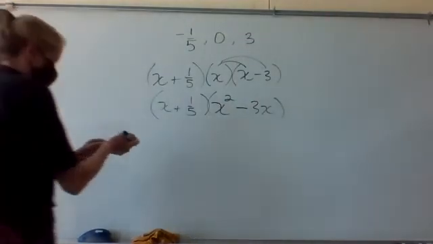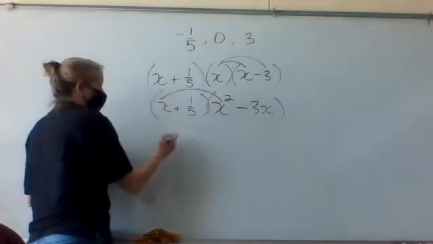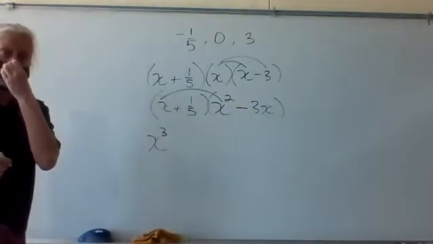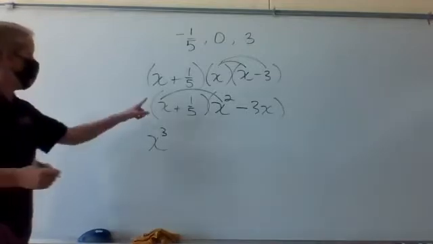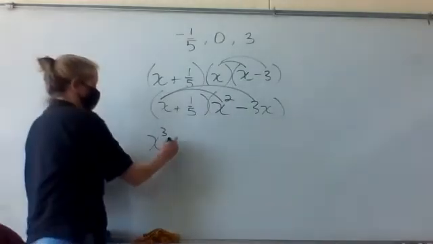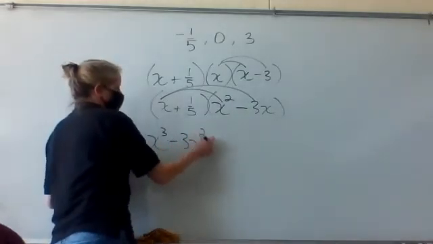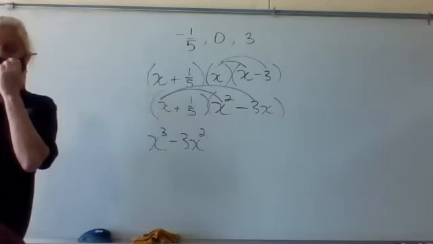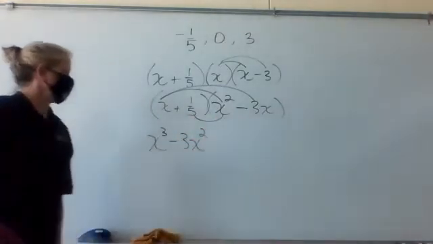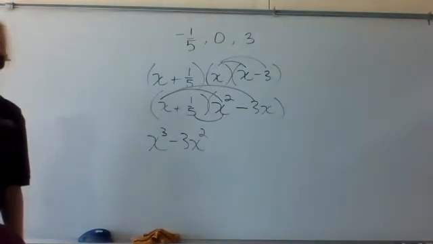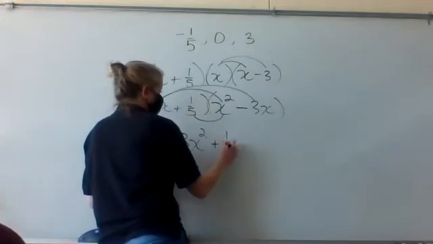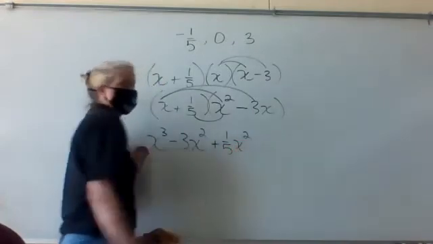So let's see, my first x times x squared gives me x to the 3rd. My outer x times -3x gives me -3x squared. 1/5 times x squared just gives me positive 1/5 x squared.